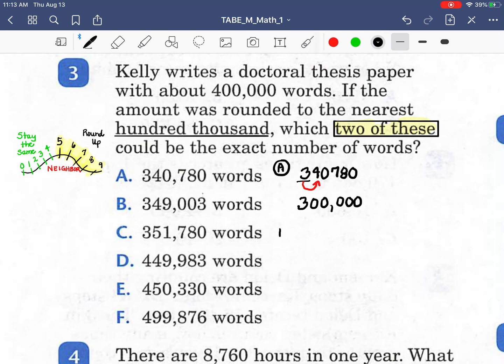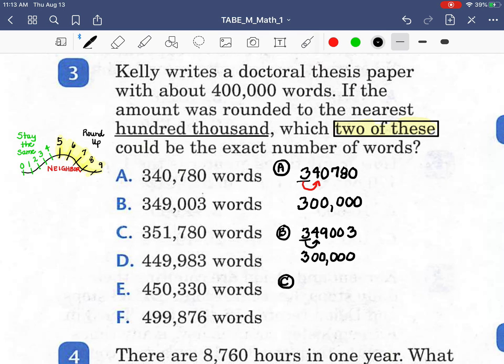Okay, let's round B. B is 349,003. So let's look at the neighbor. Neighbor says stay. So we have 3 that stays, and everybody else rounds off. 300,000.